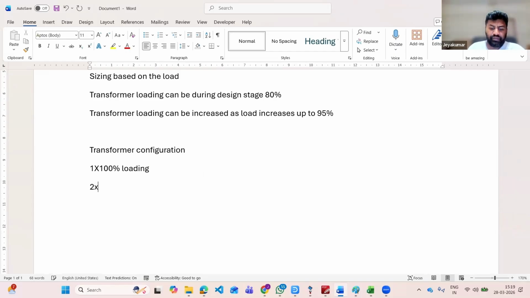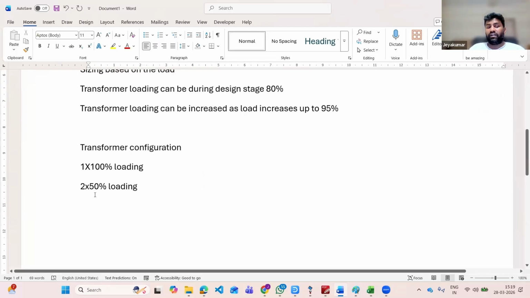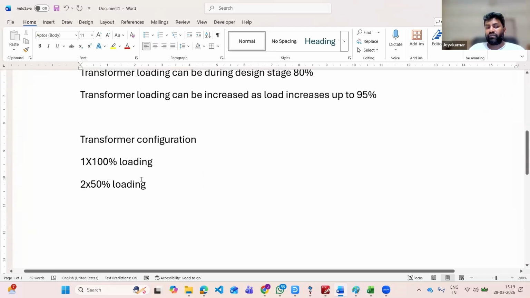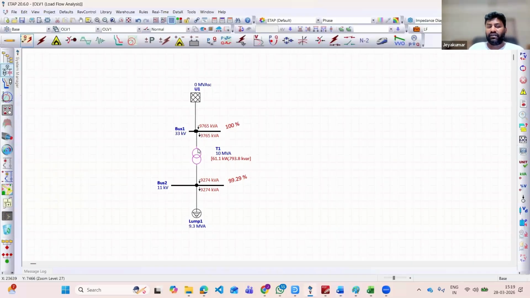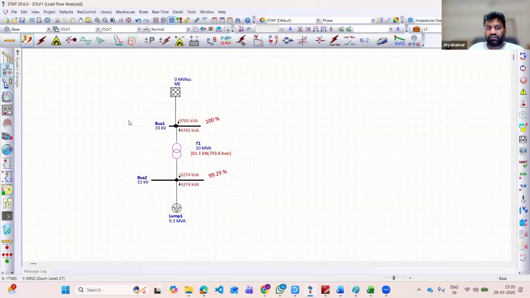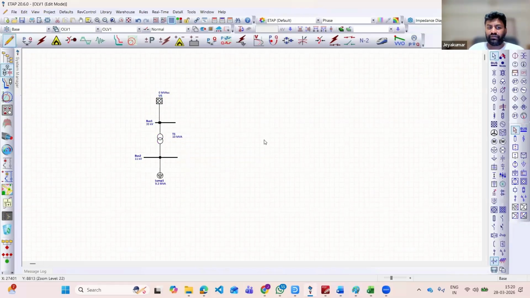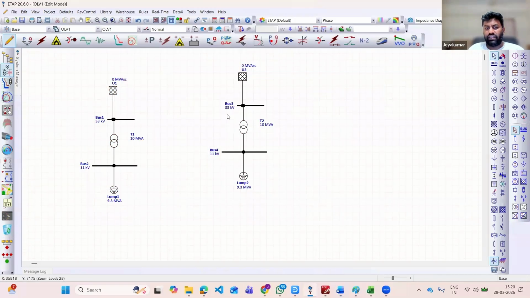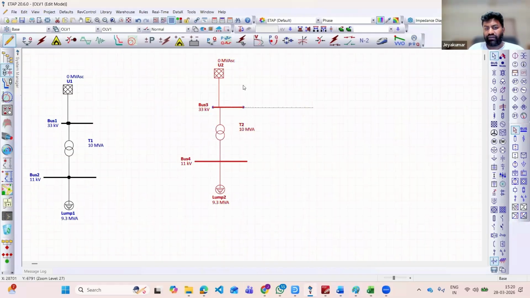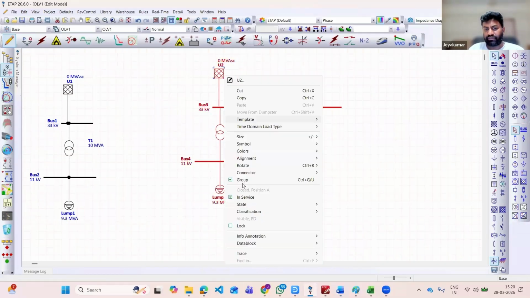Second, 2 into 50 percentage loading. Okay, so we'll look at this scenario, right? So now let's go with this. See, please remember this, guys. So this is one case. Let me just take this one. So let me just put it here. So in this, let's say that we will have another transformer.